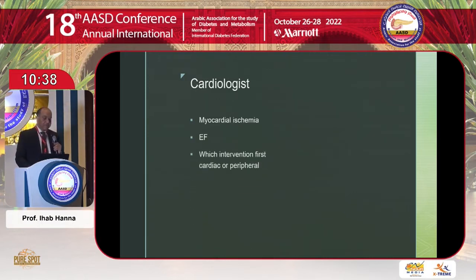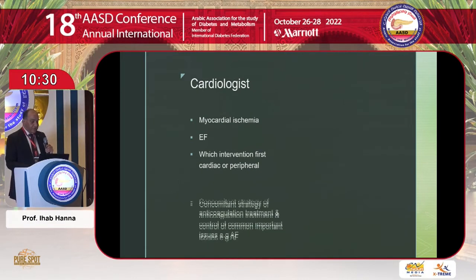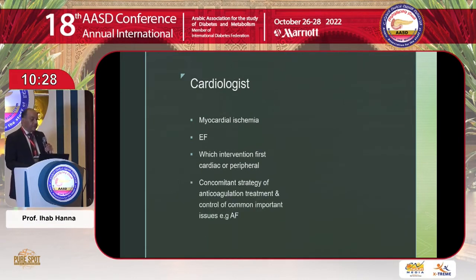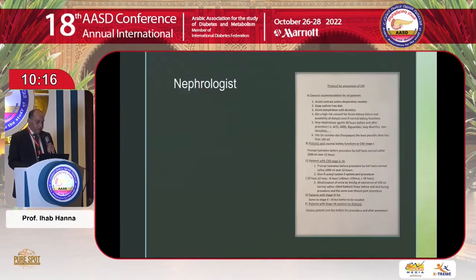They decide the ejection fraction, and last but not least, they give us the appropriate decision whether to intervene on the cardiac or the peripheral catheter first, calculating the risk factors of these patients. Concomitant strategies of anticoagulation treatment and control of important issues such as AF are a very important role for our cardiologists.